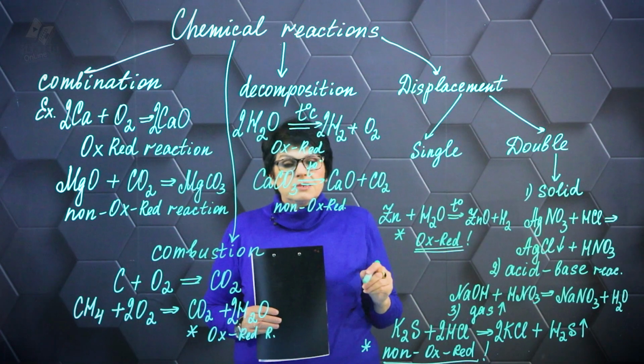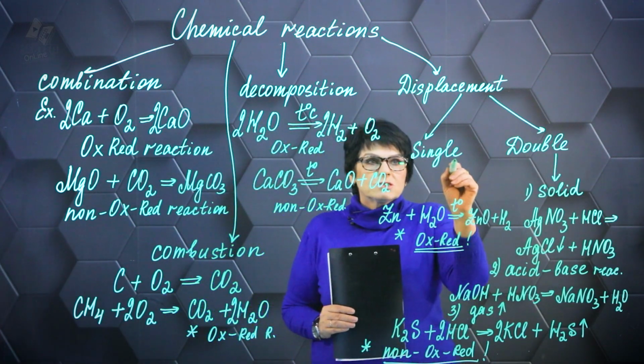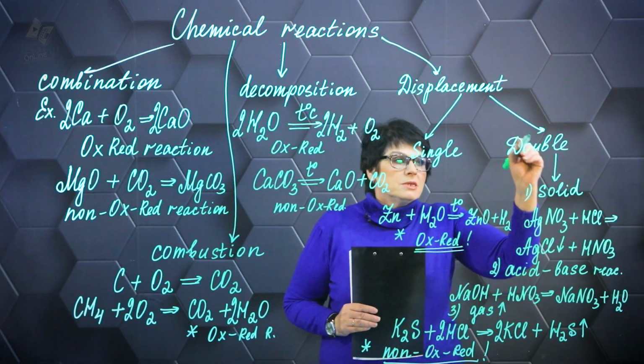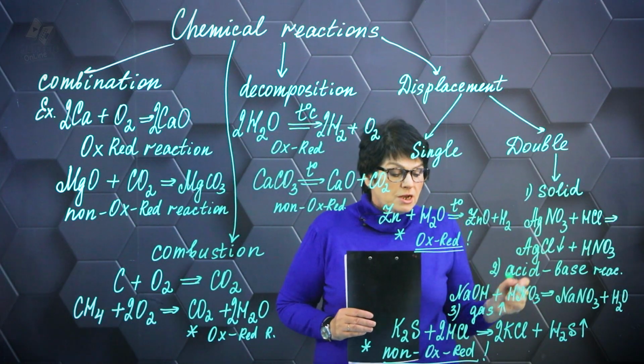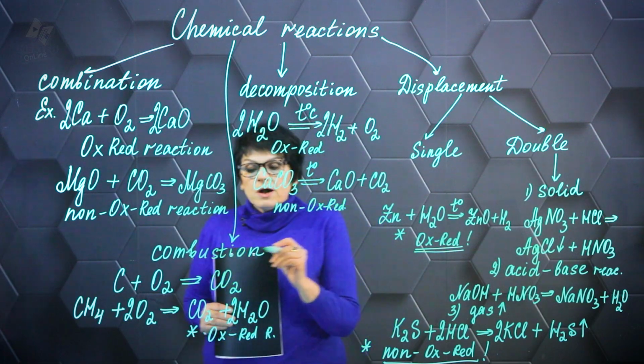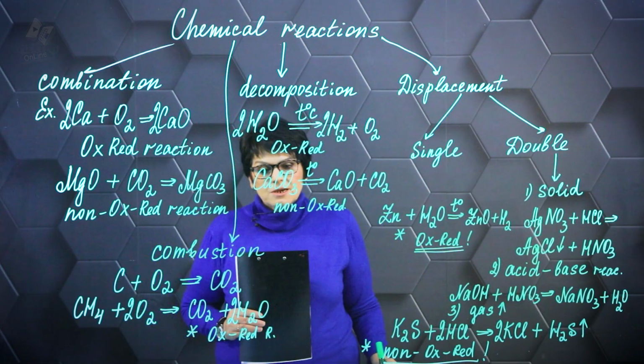Decompositions can be both redox and non-redox reactions. Substitution reactions, if it is a simple substitution, will always be redox reactions. If it's double substitution or exchange, it will always be non-redox. And the combustion reaction will always be redox.